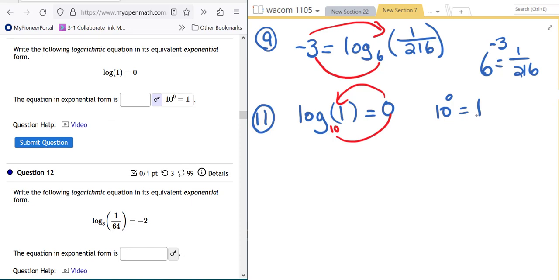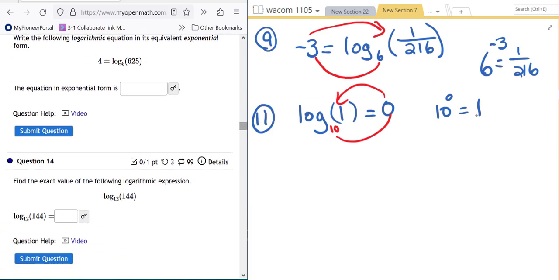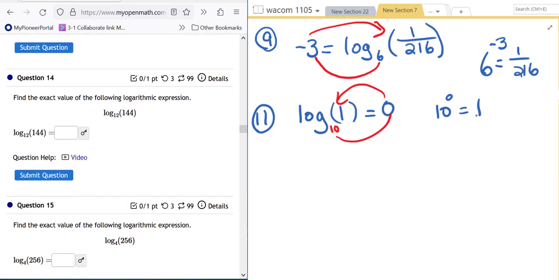Then I went down a little bit to number 14. We're going to use a different property to help us get an exact value. This doesn't go in your calculator, because the log button on your calculator is base 10.